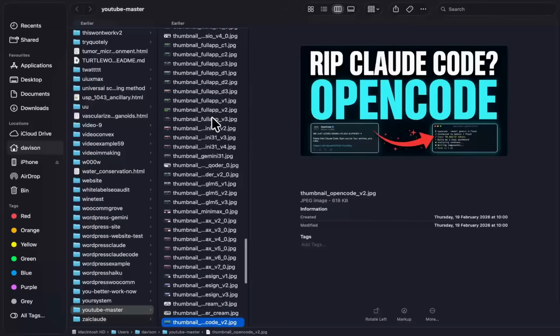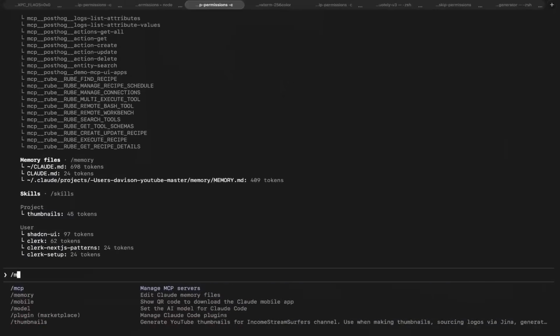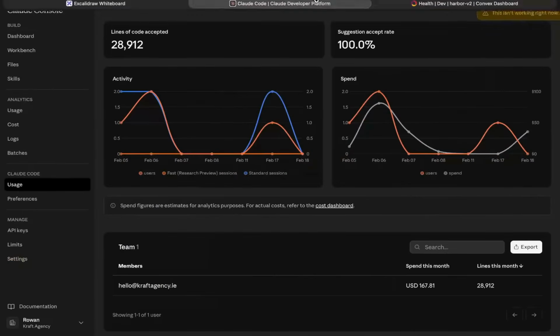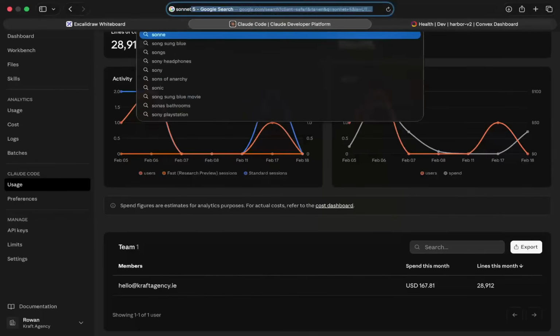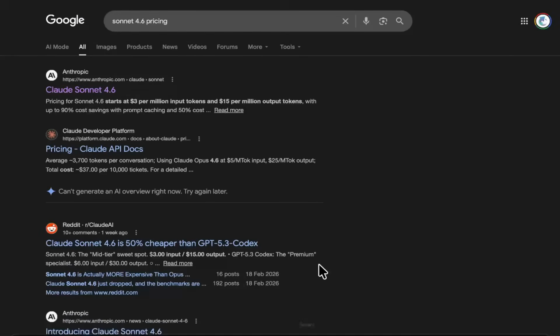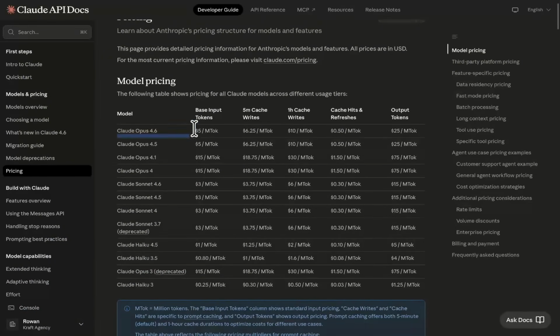So what I'm going to suggest is that you actually use Sonnet 4.6. The reason is, if you look at the cost of their models, it's super interesting. In my opinion, they're not making money on either of these two models.